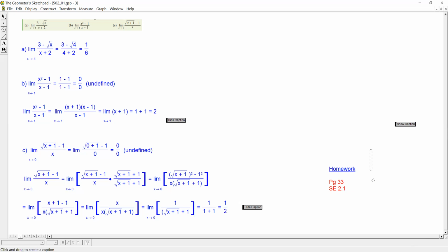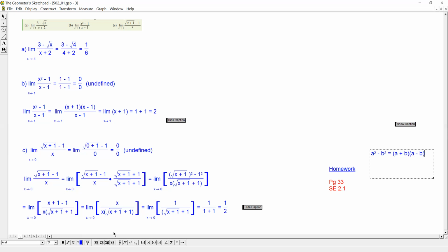You must know this one: a square minus b square is equal to a plus b, a minus b.